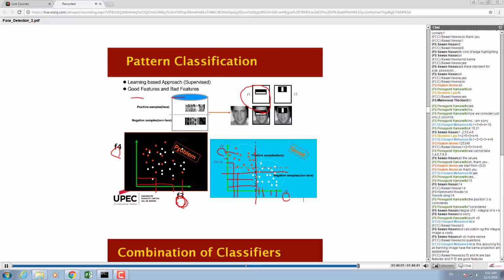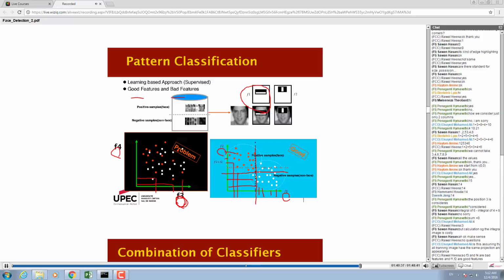Your question is whether this assumes that all training images have the same projection and appearance? No, because they have different appearances and different positions, so we see different positions in this feature space. If every face had the same appearance, they would have just one position in the feature space, with the same subtraction value for any feature.